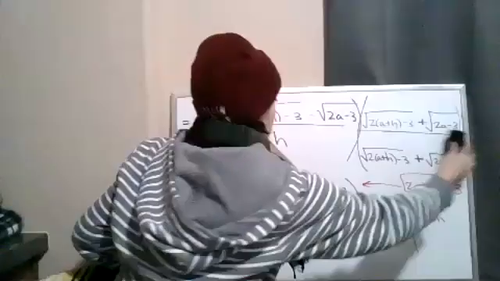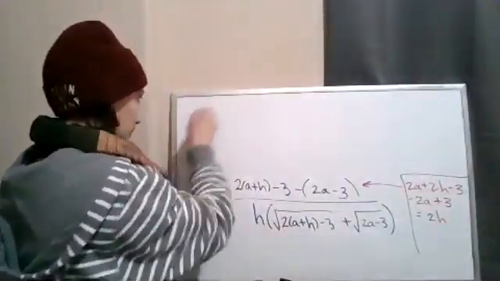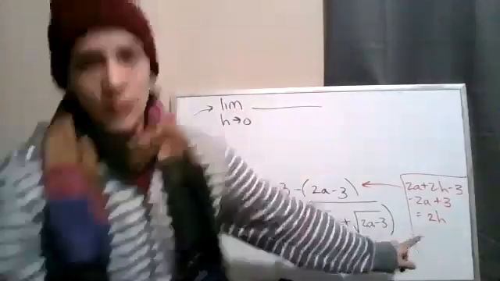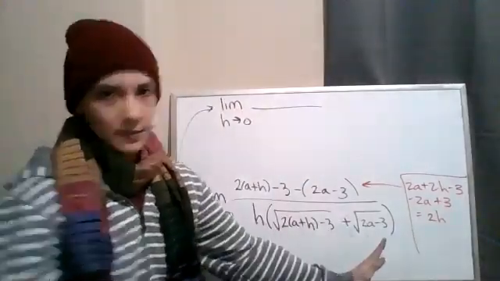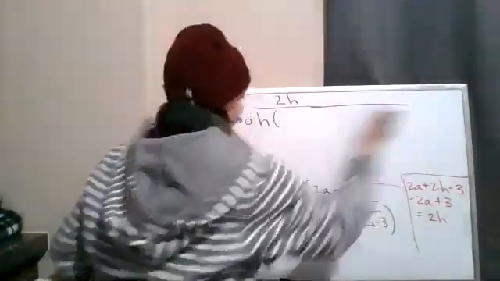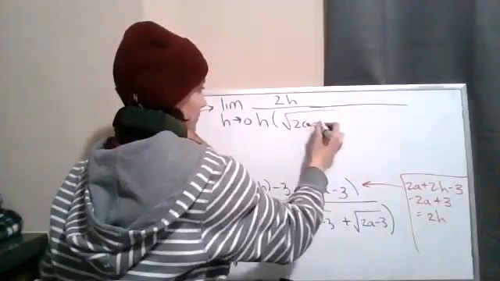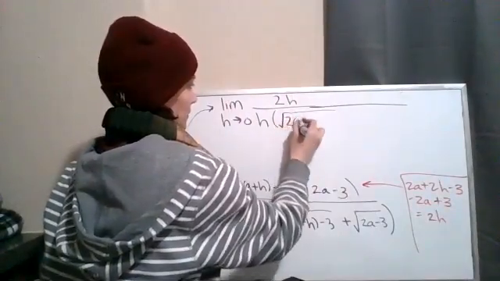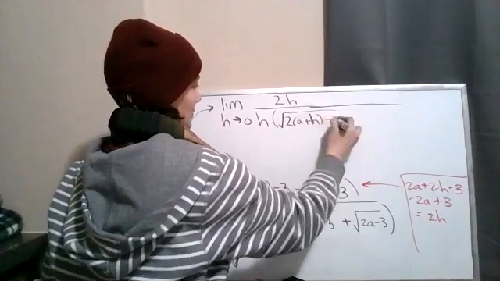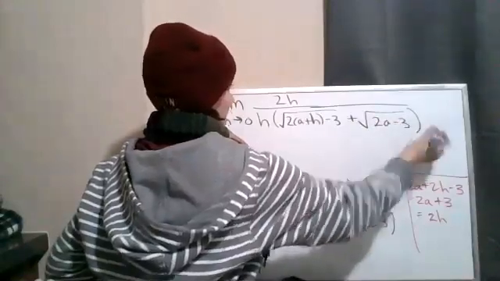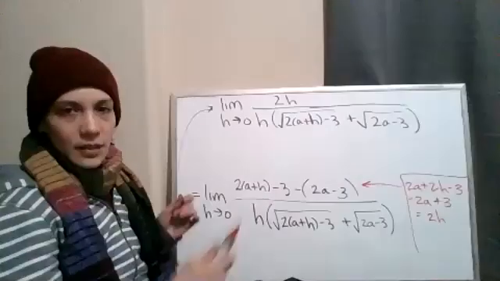And we can make, okay, 2h over h times all this stuff. Oh man, we got this. Okay, h over h is 1.